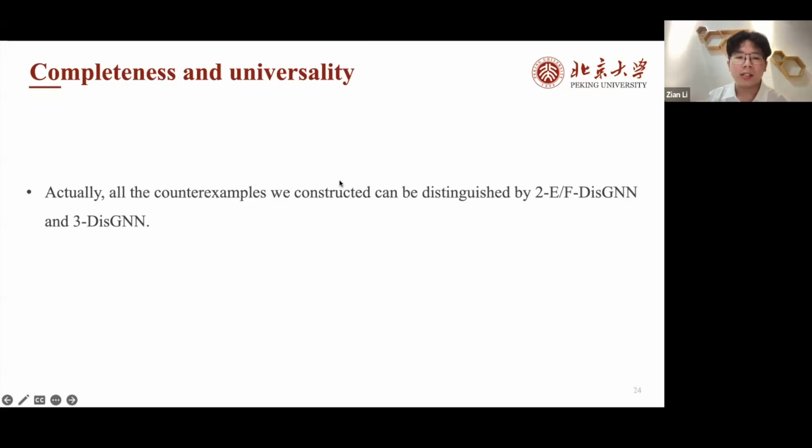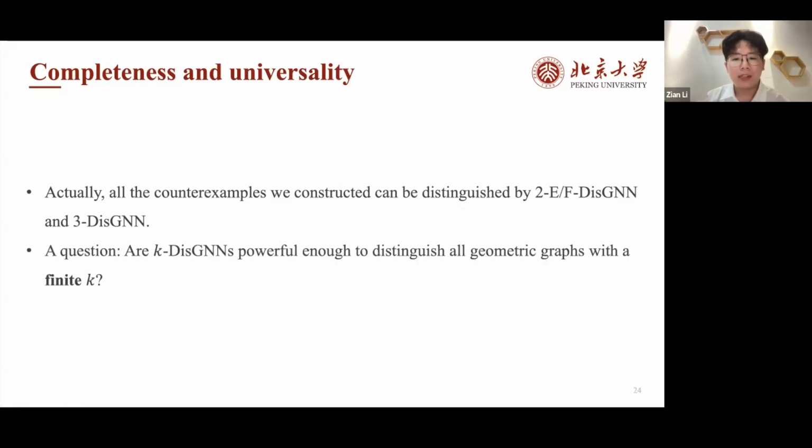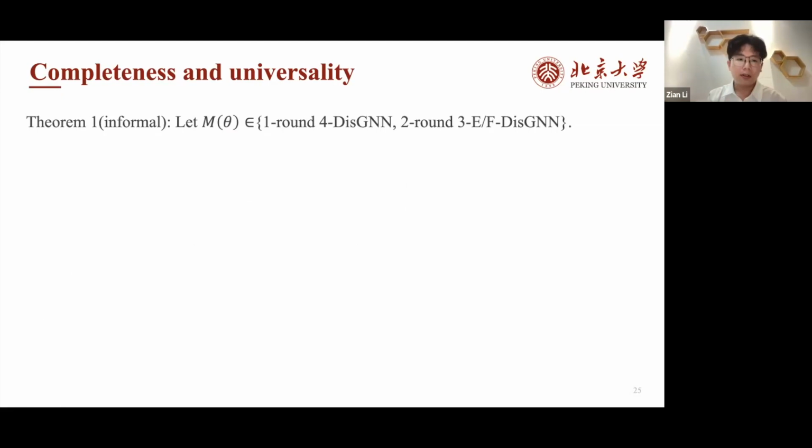So a natural question is, are they powerful enough to distinguish all geometric graphs with a finite k? Or we can ask, with a small k? So in the following slides, we will show some theorems which give the completeness and universality of our models.